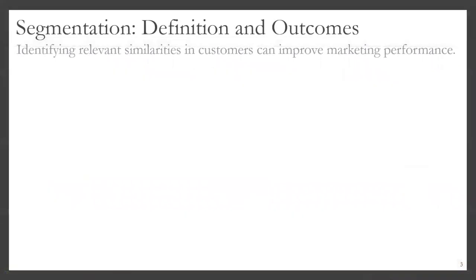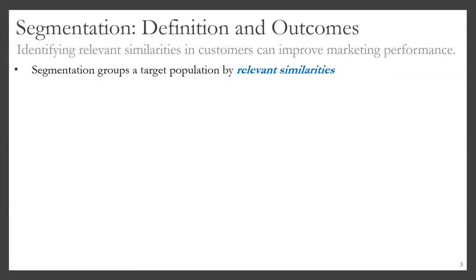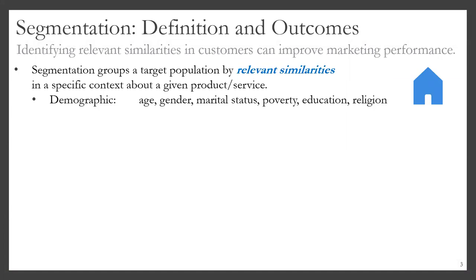So first off, what is customer segmentation and why do we care about it? Segmentation groups a target population by relevant similarities in a specific context about a given product or service. There are four different groupings of these relevant similarities that we tend to think about. Demographics is a pretty common one.